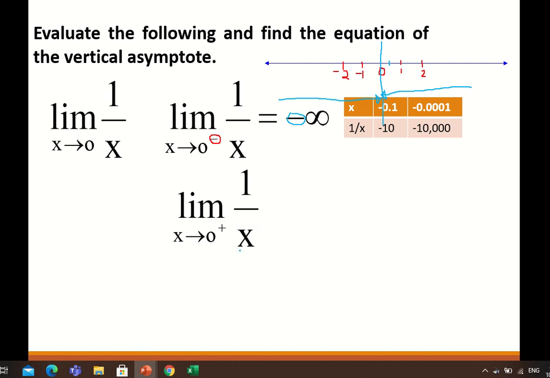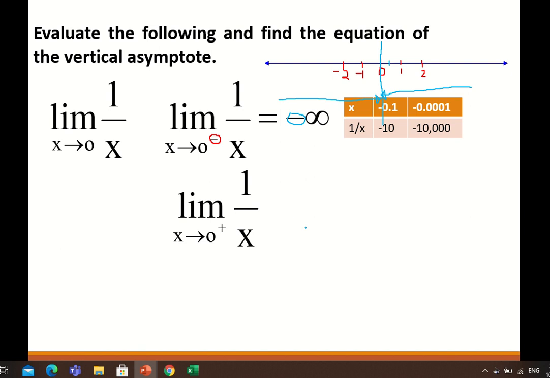If x takes a very small positive value, say 0.000001, then 1 divided by a very, very small number gives us a very huge number, and we don't know how much that is.